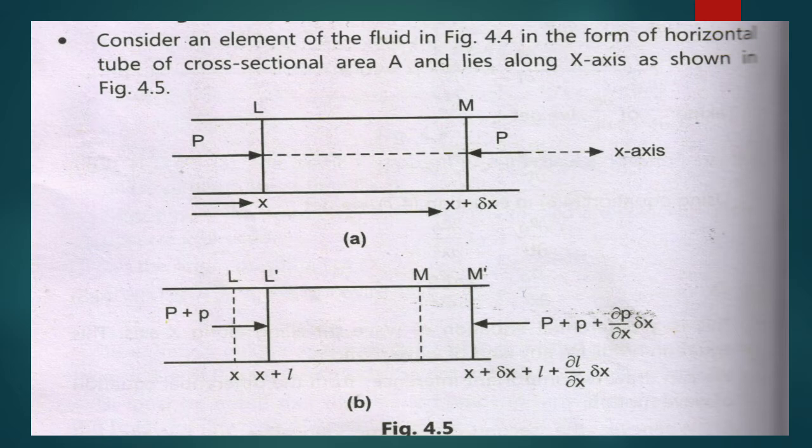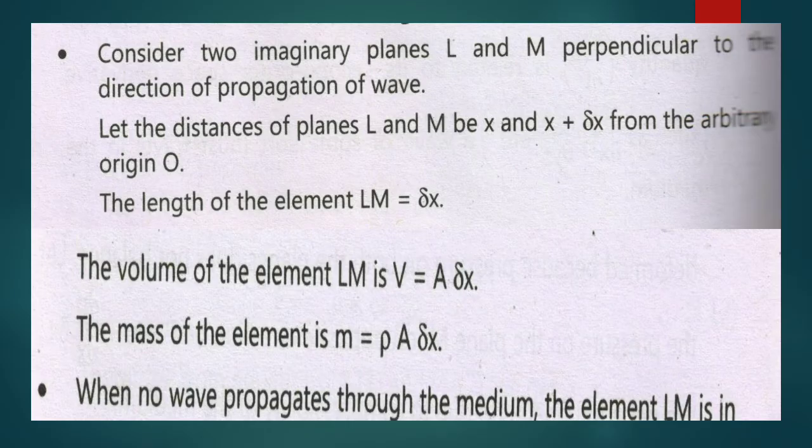Volume of the element LM, V, is equal to cross-sectional area into length, which is equal to A into delta x. The mass of the element is m, which is equal to density into volume. Density is rho and volume is A delta x.